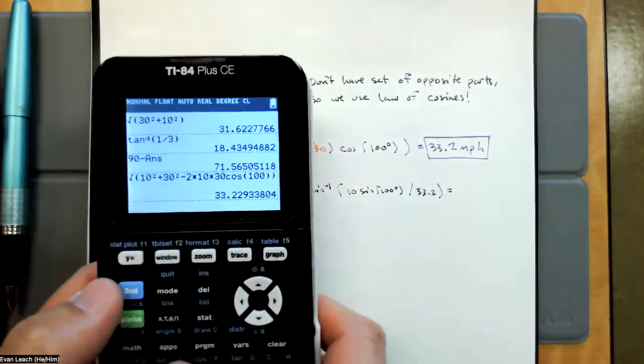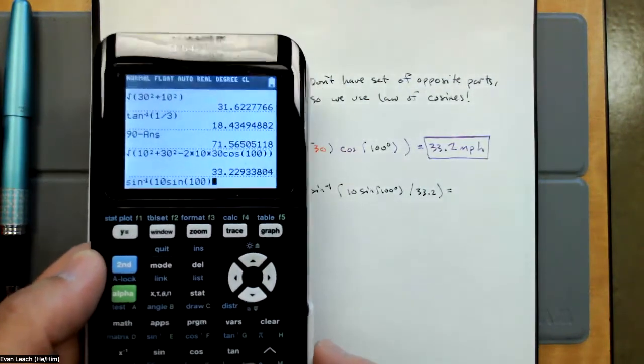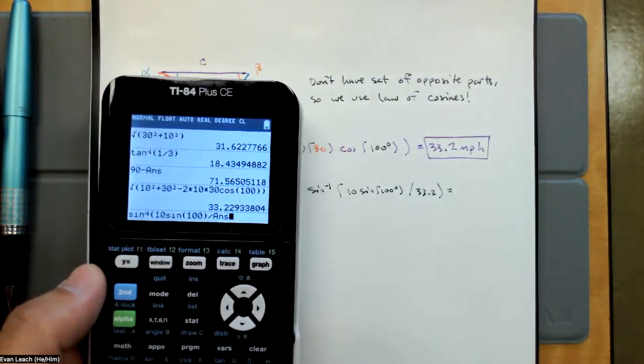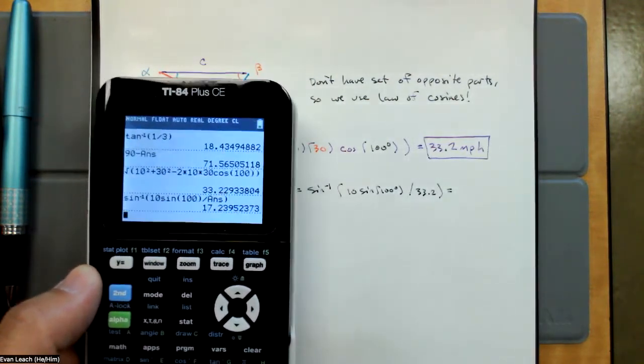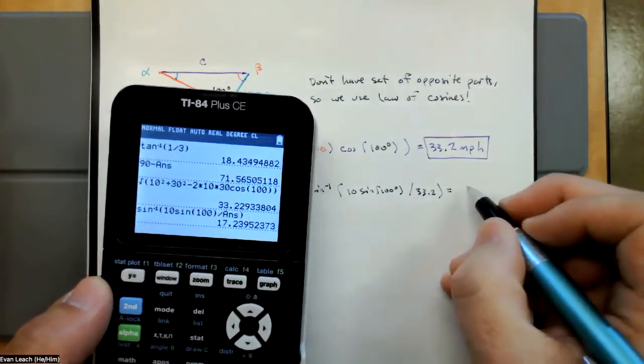So we'll have a sine inverse of 10 times the sine of 100 divided by the 33.2. I don't want to round it off, so I'm going to hit second answer, close parentheses on the sine inverse, and hit equals, and that angle alpha is 17.2 degrees.